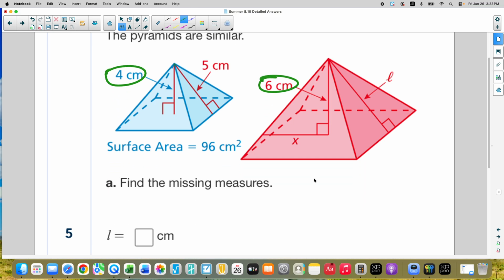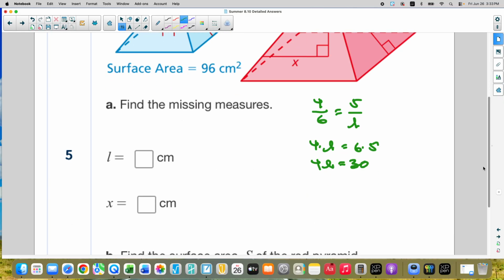So 4 is to 6 as 5 is to the slant height. So we can do 4 times L equals 6 times 5. 4L equals 30. Divide by 4, divide by 4. L equals 7.5.